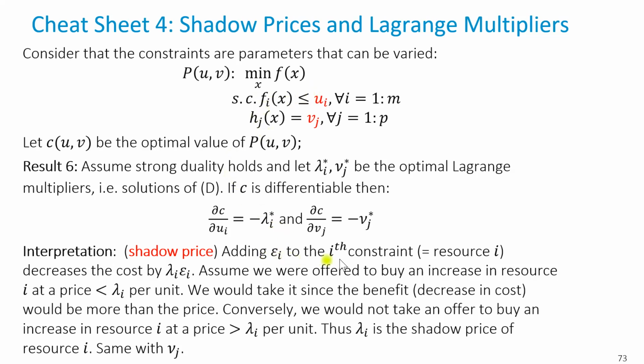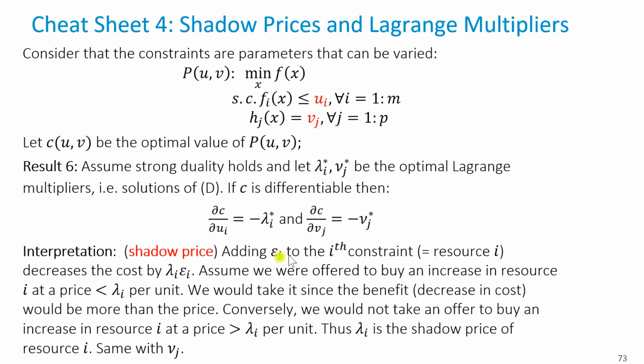Well, if somebody sells it at a price that's smaller than lambda i, then you should take it, because by increasing by this amount, you will be able to decrease your optimal value by lambda i, which is a benefit for you.